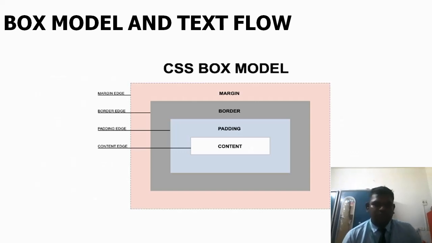We have to customize all these things: padding, border, margin. Content is your content. We apply various font styles with height, and in element-wise changes we have discussed this new thing: padding, border, margin. This is the box model.